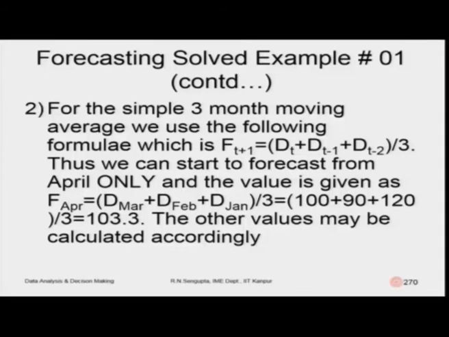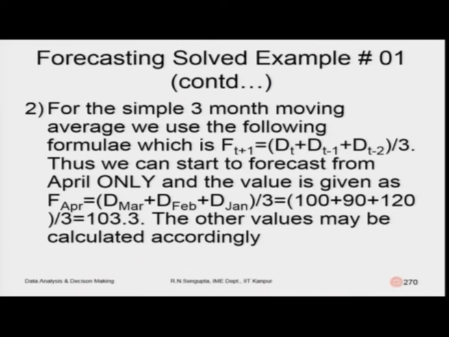So, this naive method is very simple: the demand of today would be the forecast for tomorrow, one time period. Next, for the simple 3-month moving average, we are using this simple formula: we add them up and divide by 3. Now, if you remember, we are putting the weights as 1/3.